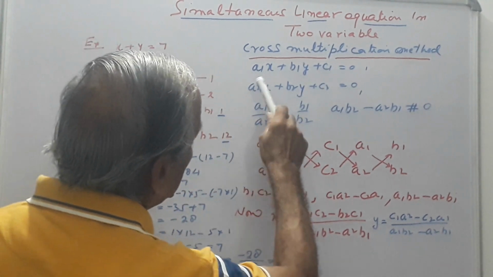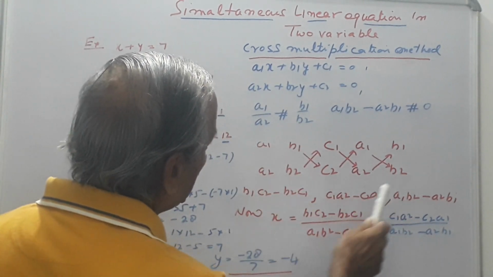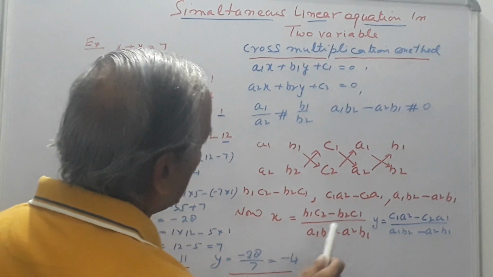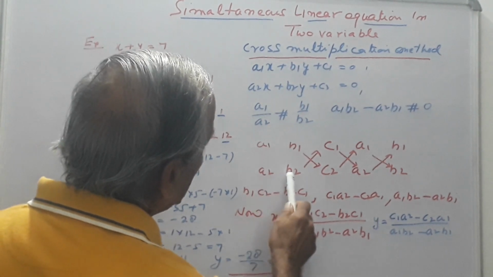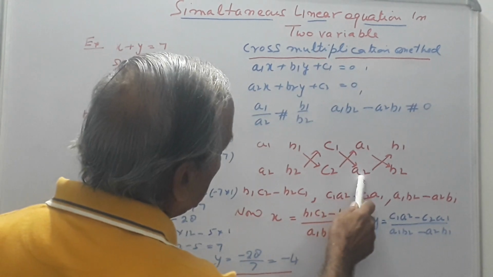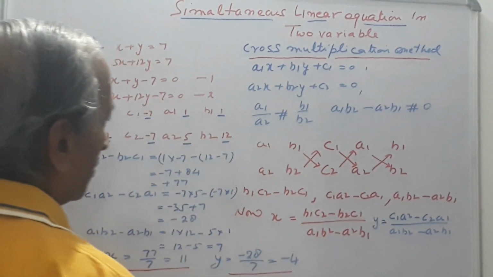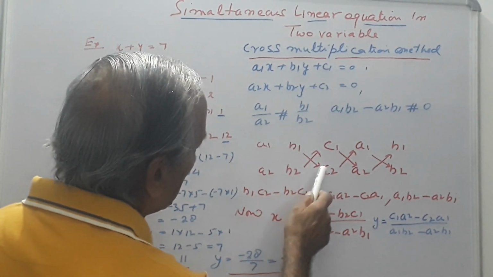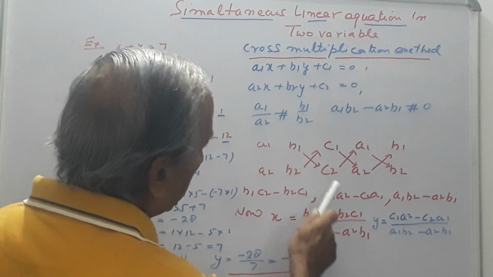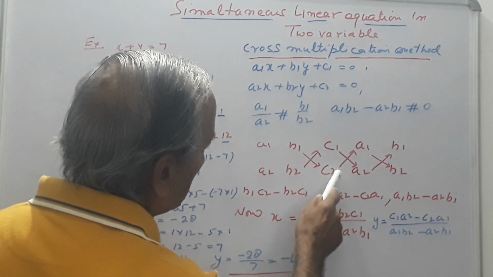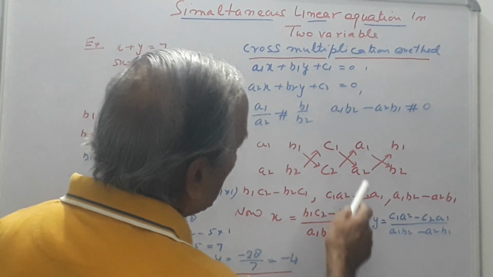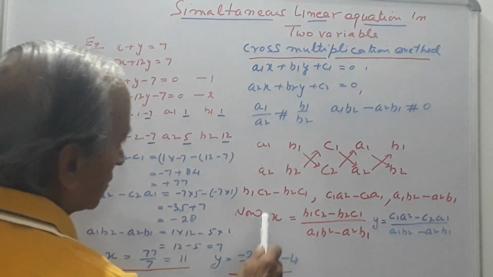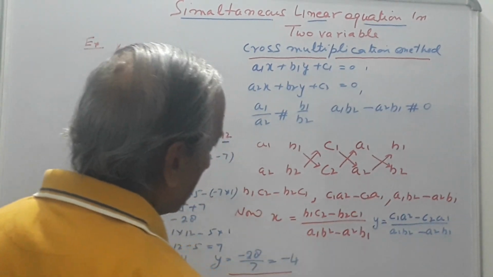Now if we write all the coefficients in a manner, that is b1 c1 a1 b1, and b2 c2 a2 b2. Now cross multiply means we multiply b1 c2 minus b2 c1, and then c1 a2 minus c2 a1, and then a1 b2 minus a2 b1, so we get these three values.